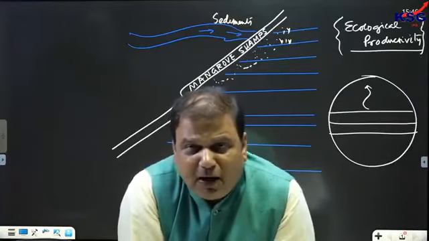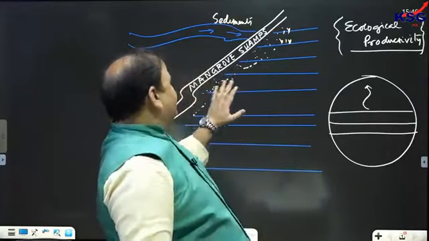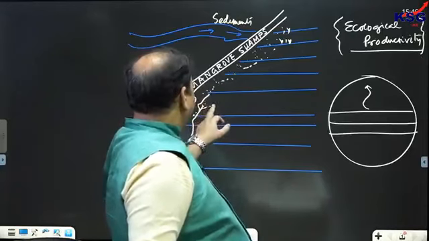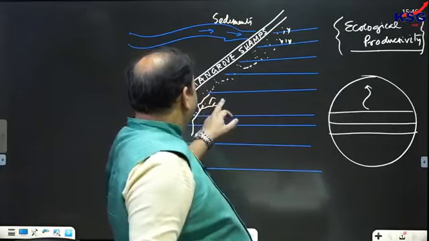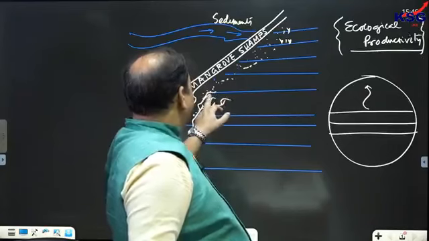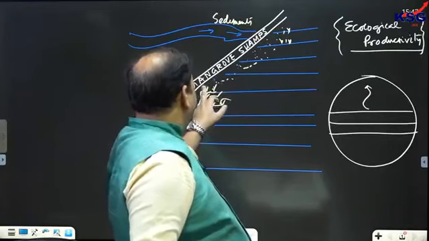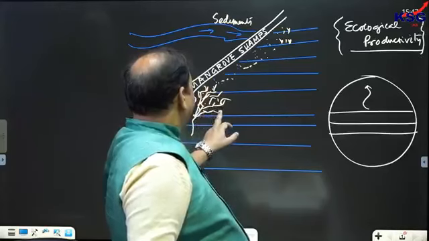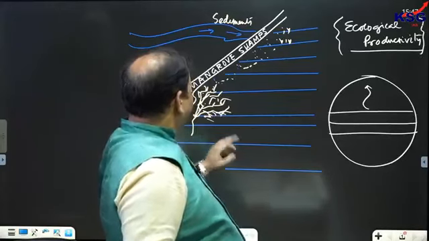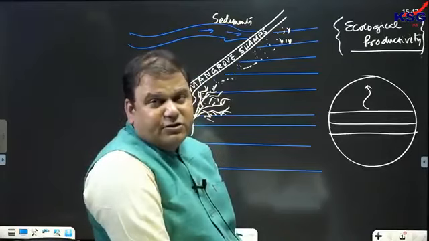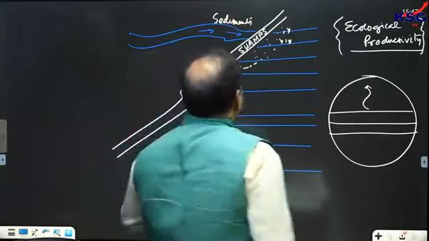But in those parts of the ocean which are near the coast and where corals are present, the productivity is very high. And this area is referred to as the tropical rainforest of oceans.